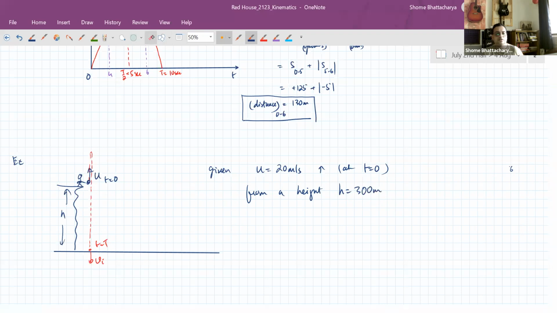So it's a pretty tall cliff, let's say. So 300 meters above ground, from that cliff, he's throwing it upwards. Take g equal to 10 meters per second square. So we have to find the time when it hits the ground below.